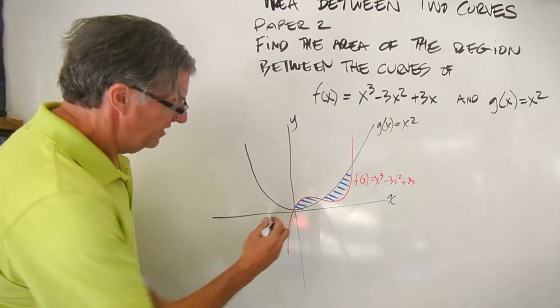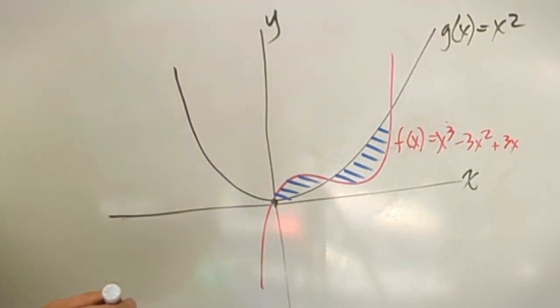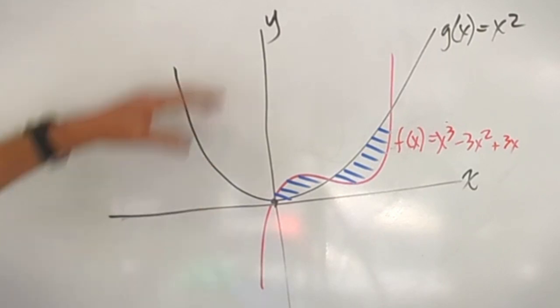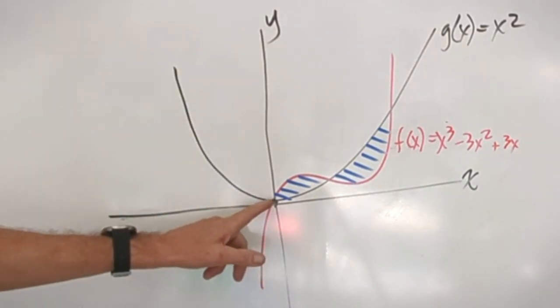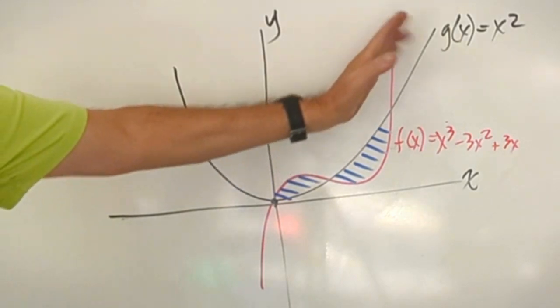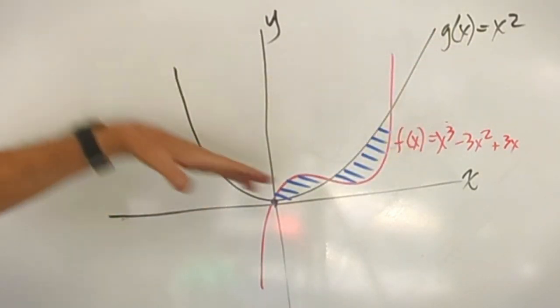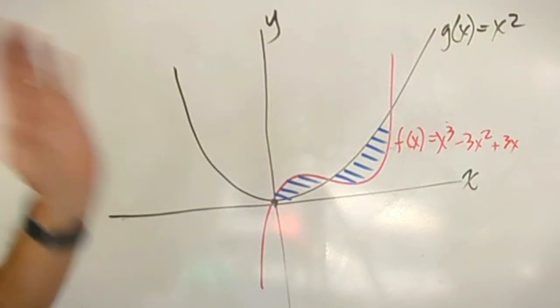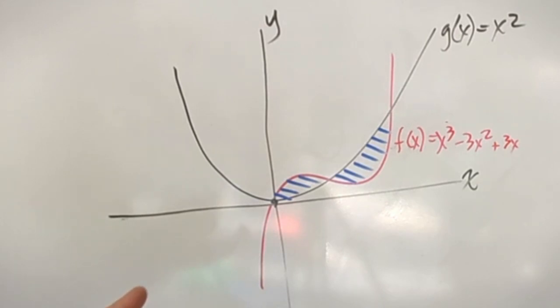So first off, here is the origin, and both functions intersect right at the origin there. So here is my g of x equals x squared, standard parabola, mother function for every quadratic function. Okay, so it's the simplest parabola we got.